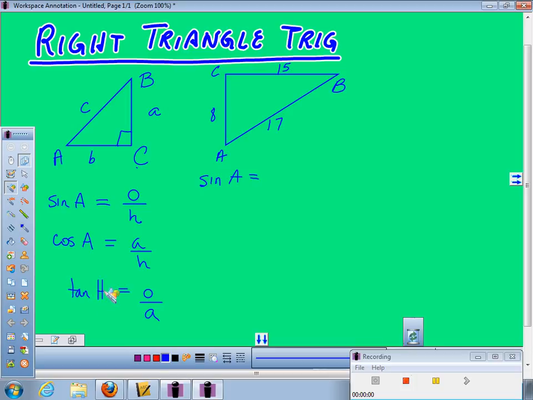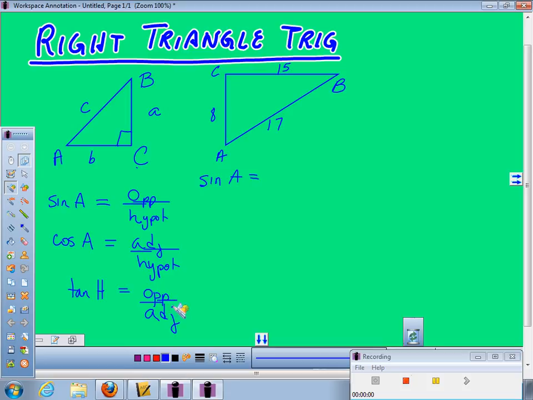So what do the O, the H, the A mean? Opposite over hypotenuse, adjacent over hypotenuse, and of course opposite over adjacent. Could you do the other three trig functions with these? You could. Cosecant is hypotenuse over opposite.